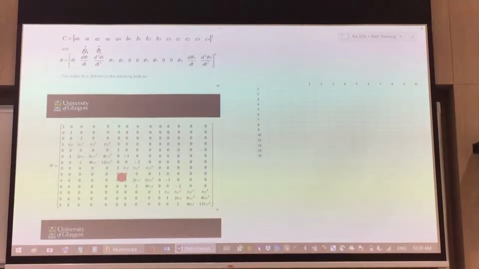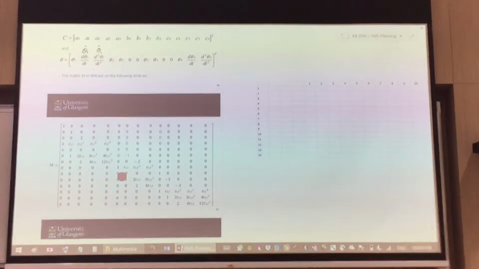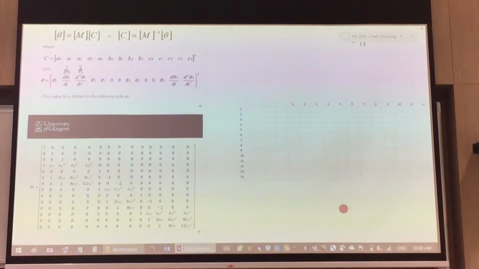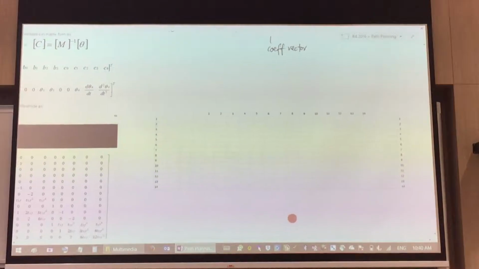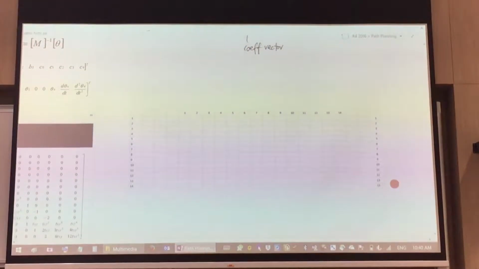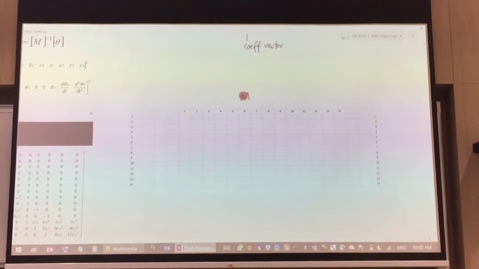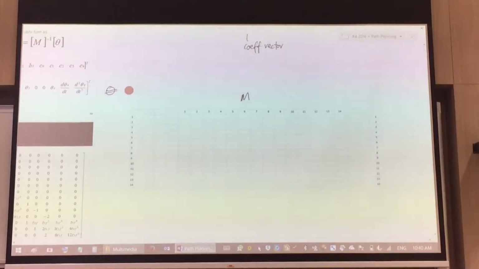So I'm going to form that M matrix. How do we write it down for that just one line of A naught, knowing that there is this A naught in the C matrix already? You have your theta matrix, I'll write it over here.